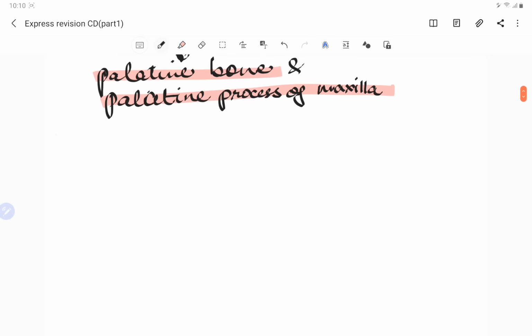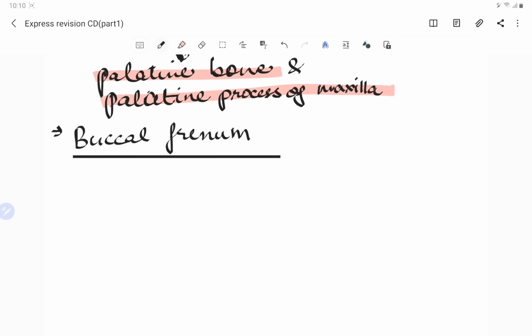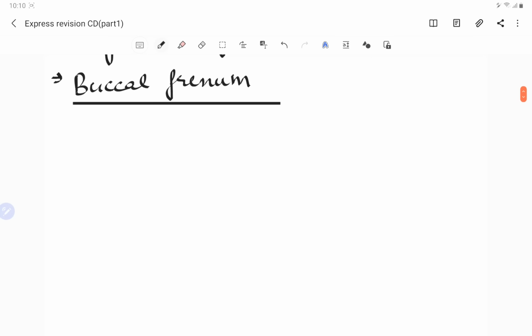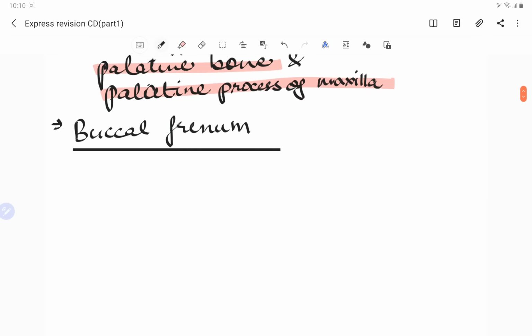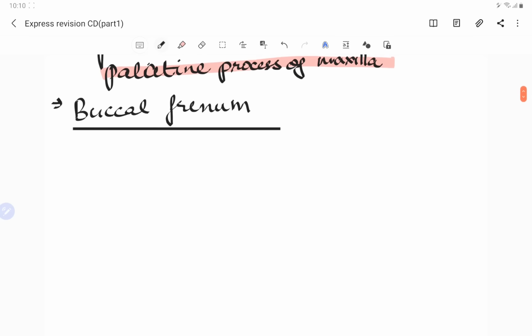Talking about buccal frenum in the maxilla. We have to learn the muscle attachments for the buccal frenum, because there are muscle attachments to the buccal frenum.